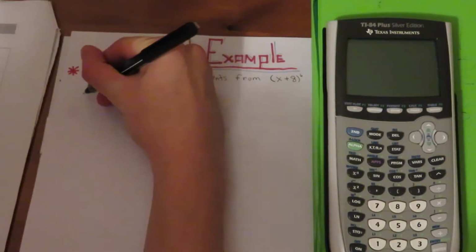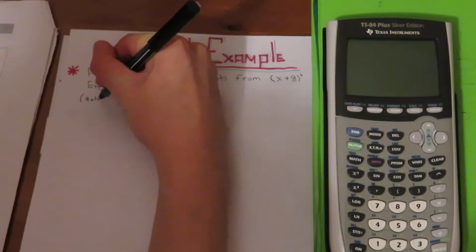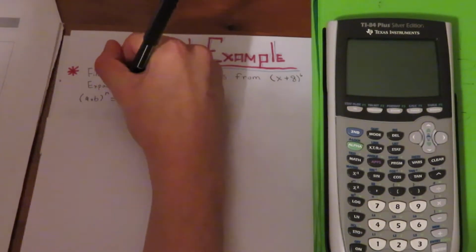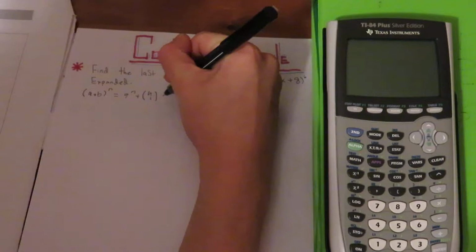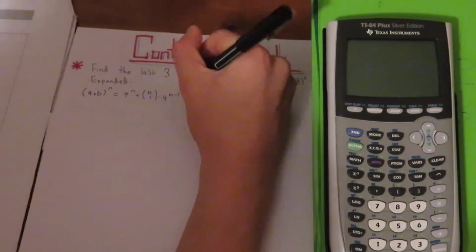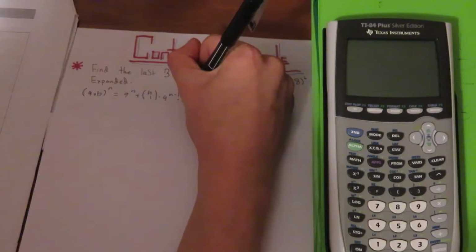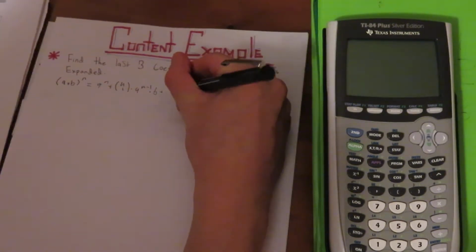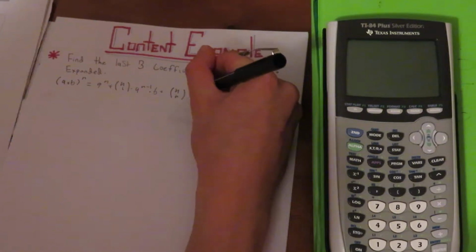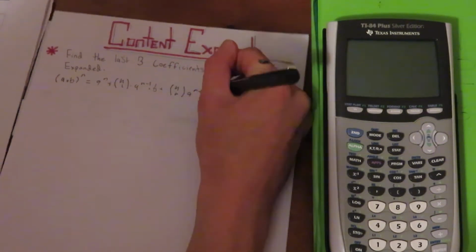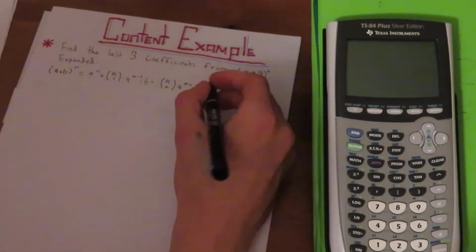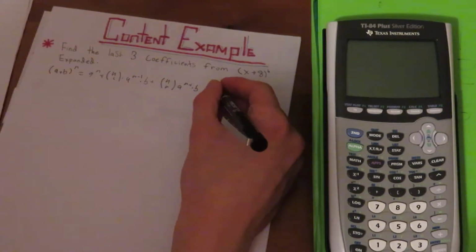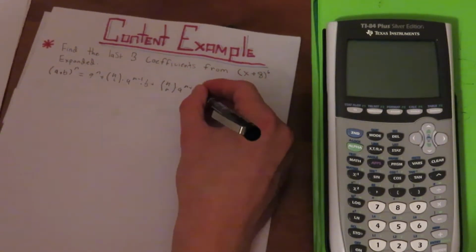To write that out, it's like this: (a plus b) to the power of n is equal to a to the power of n plus n choose 1 times a to the power of n minus 1 times b plus, and so on, n choose r times a to the power of n minus r times b to the power of r, until you just get to b to the power of n.